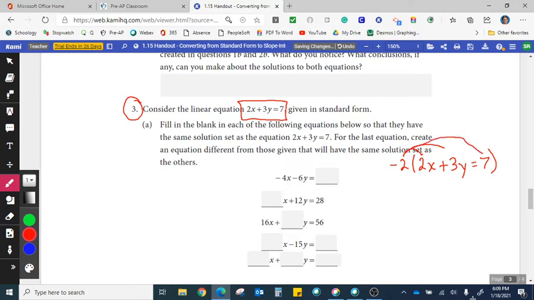I'm going to multiply it by all three terms and keep the alternating signs. So negative 2 times 2x is negative 4x. Negative 2 times positive 3y is negative 6y, which is what you get right here. And the last one, if I do it to the left side of the equation, I have to do it to the right side.